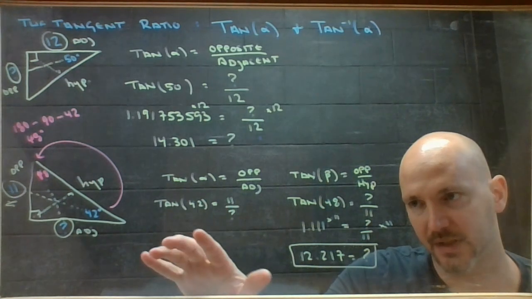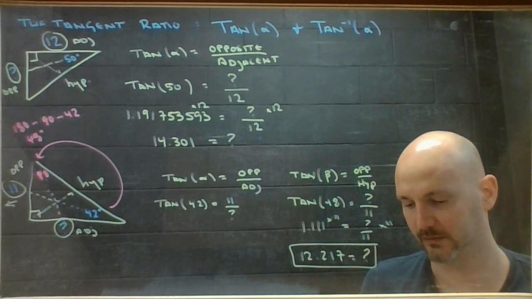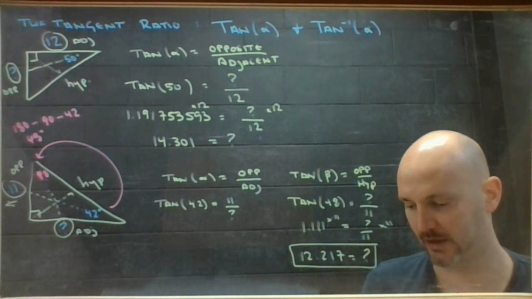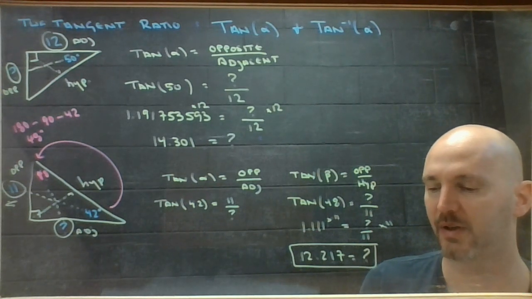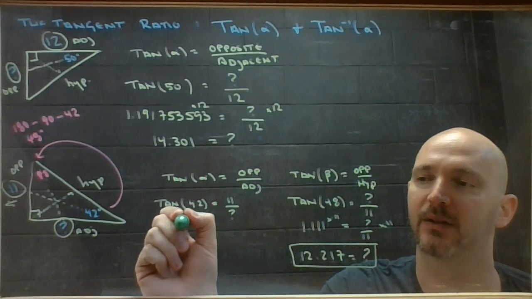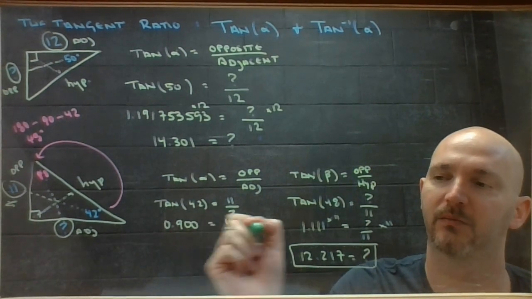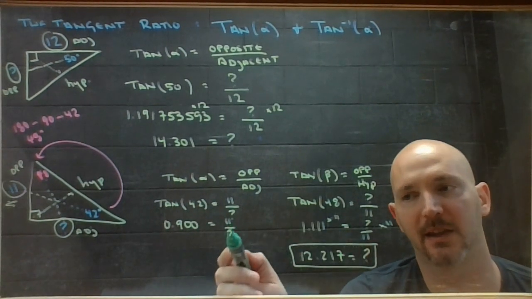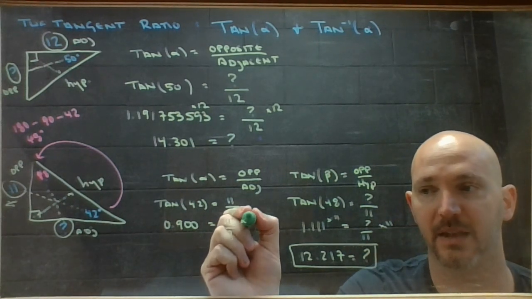If you want to do it this way, you're going to have to get tan 42 as a number. Tan 42 gives me 0.900 if I round it to 3 decimals. Now, I'm going to have to break this division here by multiplying by the unknown.